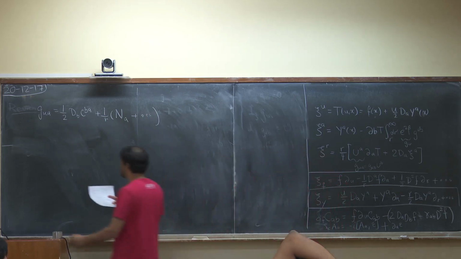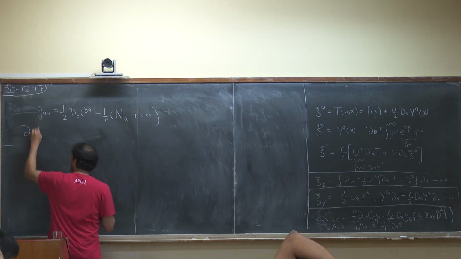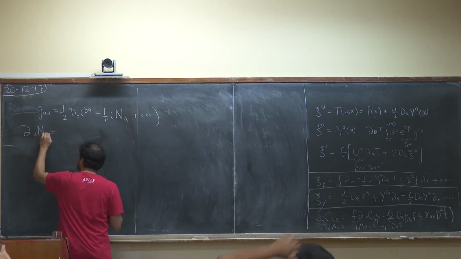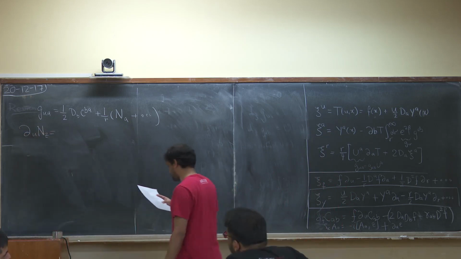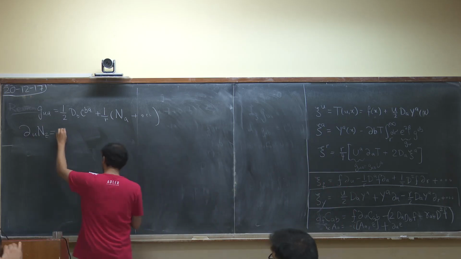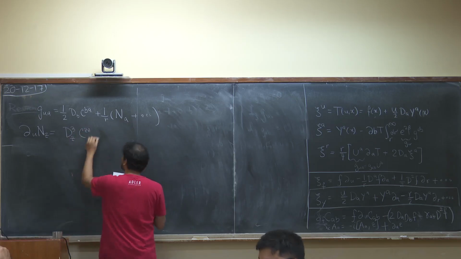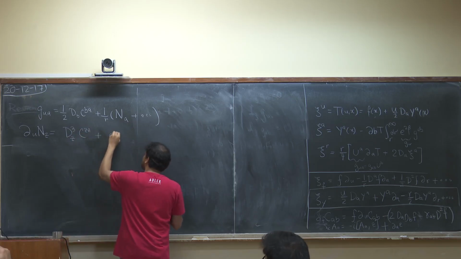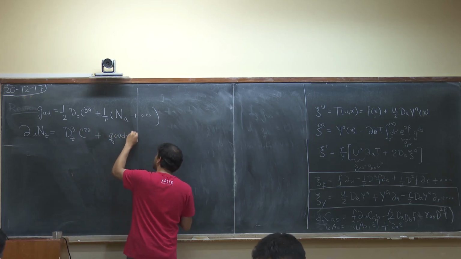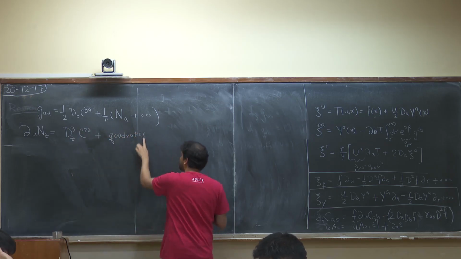And then this itself satisfies a certain equation, which let me briefly write as d_z squared. The details are not going to be important, plus some quadratic terms.